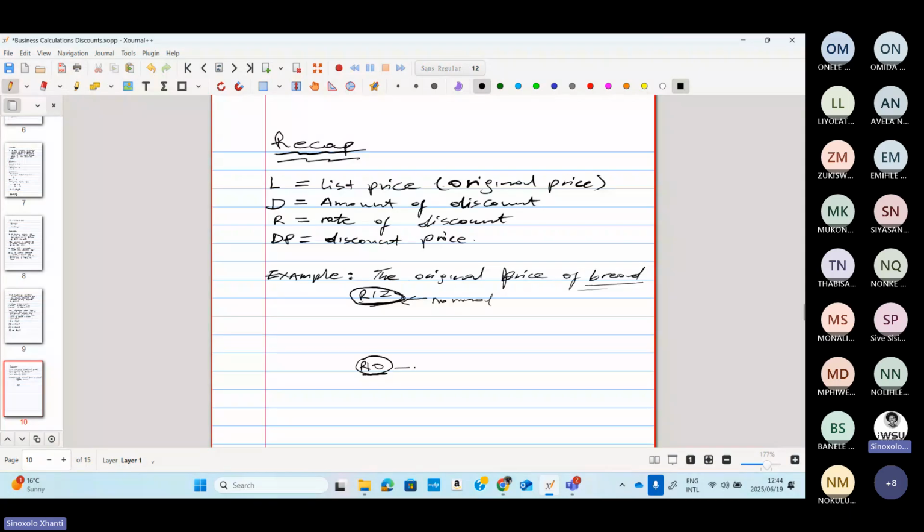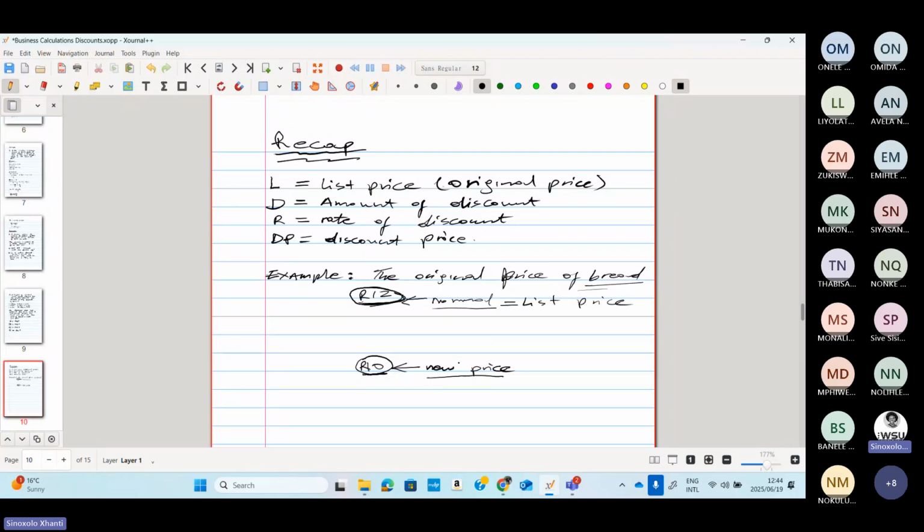This one is the new price. The normal price is the one that we call the list price.